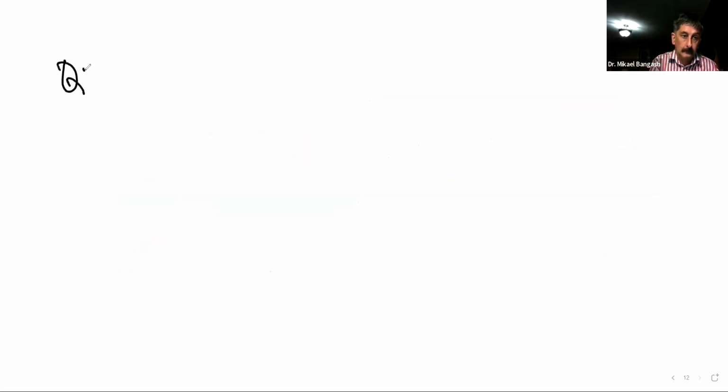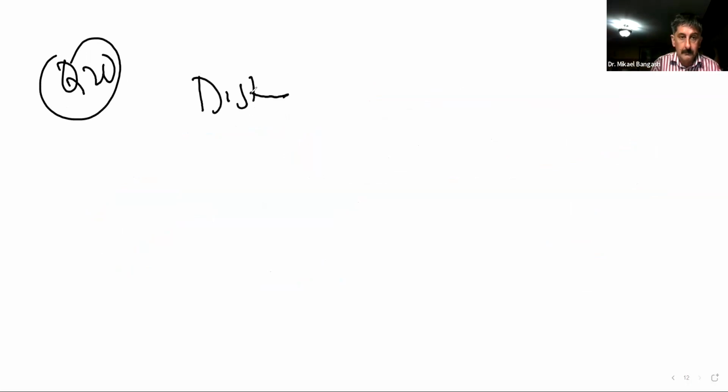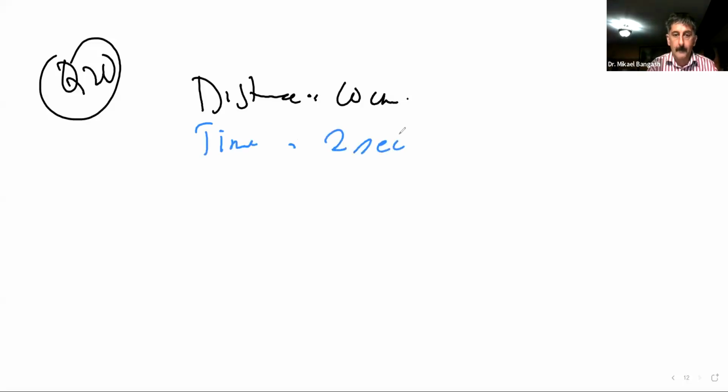Question 20. Now sound has traveled a total distance of 10 centimeters in 2 seconds. Clear? What they are asking is, what is the speed of the sound here?